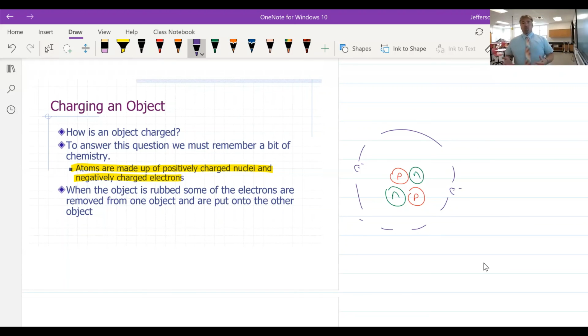When an object is rubbed, again, this is just helium, you can't rub helium, but you get the idea, some of these valence electrons are ripped off. It's the transfer of those electrons off of your atom that allows you to transfer that charge from spot to spot. So it's actually the electrons that move.